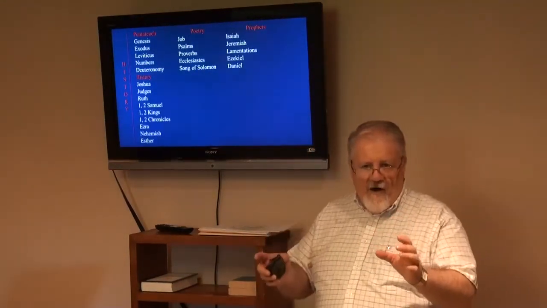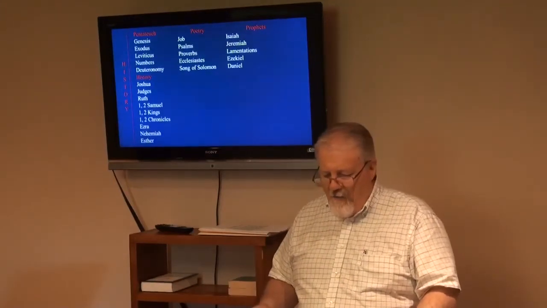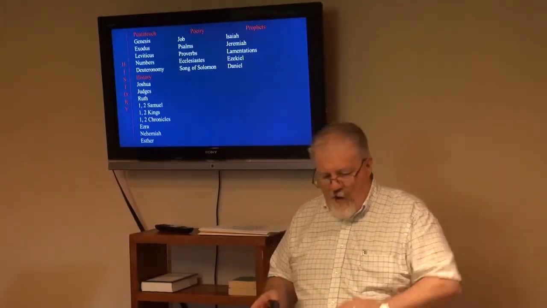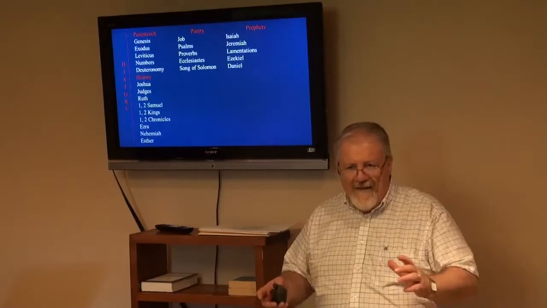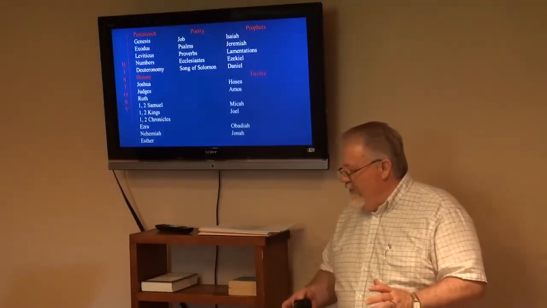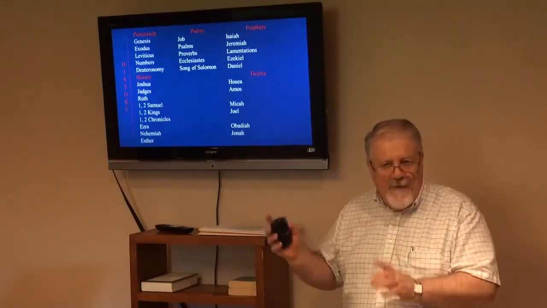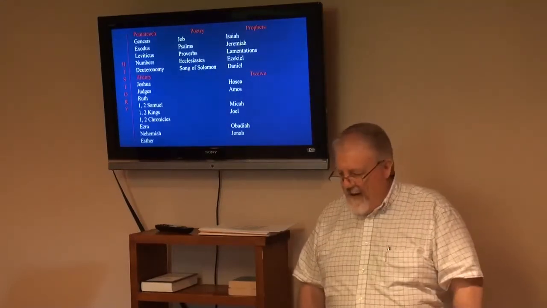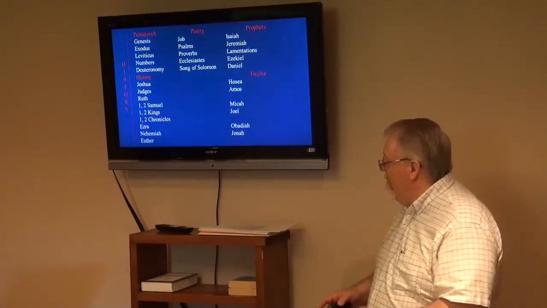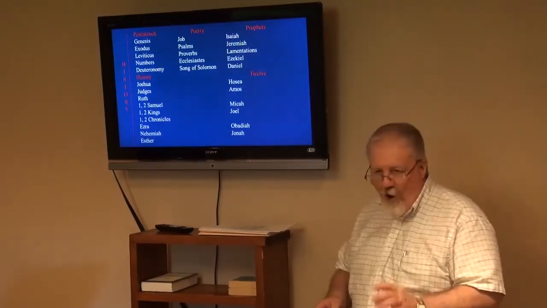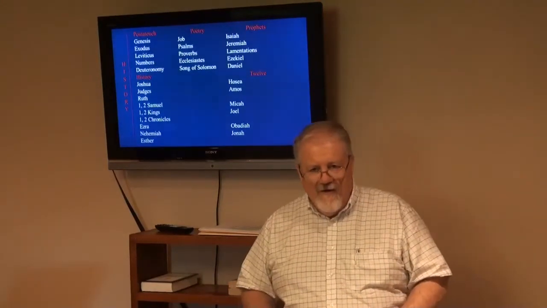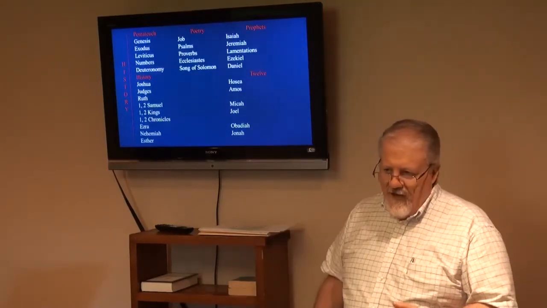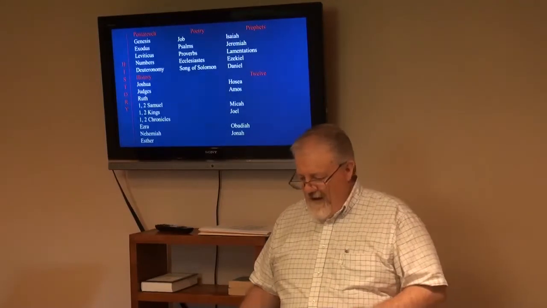So they got these little books and they're saying, okay, how are we going to put them together? How are we going to organize them? So what do you think they did? They actually, if you look up here on the screen, you'll see they put them in pairs. Okay? Hosea and Amos, Micah and Joel, Obadiah and Jonah. Here's why they put them in pairs.